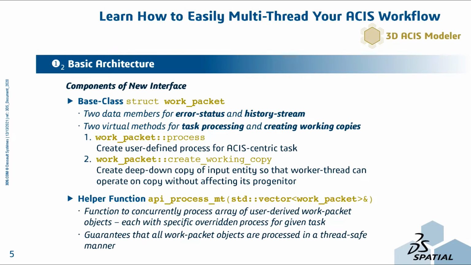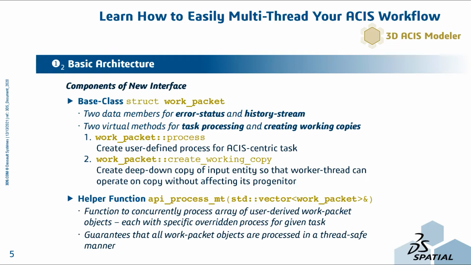The new interface for multi-threading has two main parts. The first part consists of a public base class called workPacket with two data members for error status and history stream, as well as two virtual methods. The first virtual method, called process, defines a specific ACIS-centric task in a derived class of workPacket.